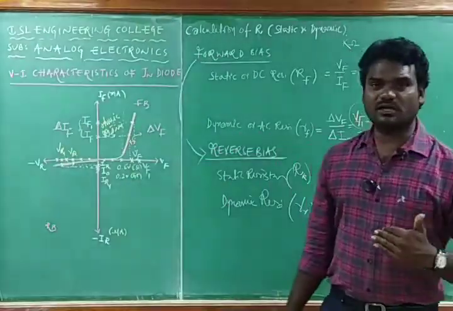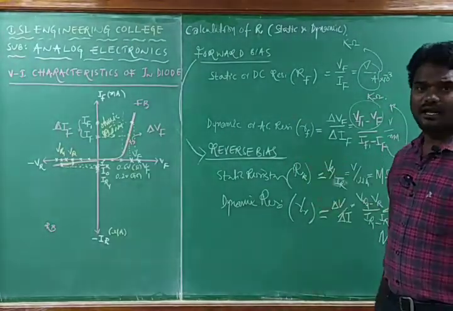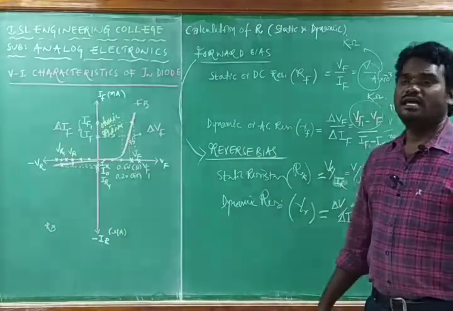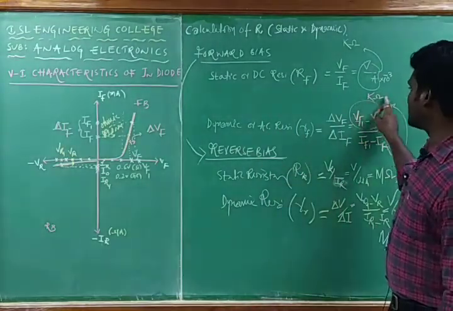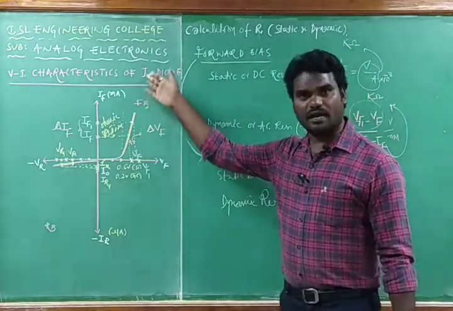From the VI characteristics of PN junction diode, it is clear that whenever the diode is connected in forward bias, it offers less resistance, in kilo ohms, so it offers more current.